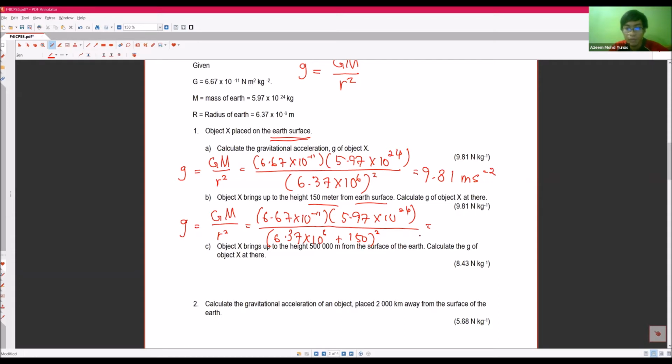So 6.37, plug that into our calculator. So we still get around 9.81, but the number of decimals after the 81 is a little bit different.